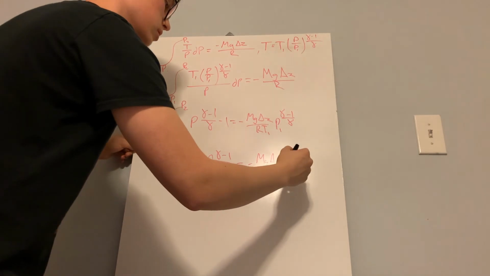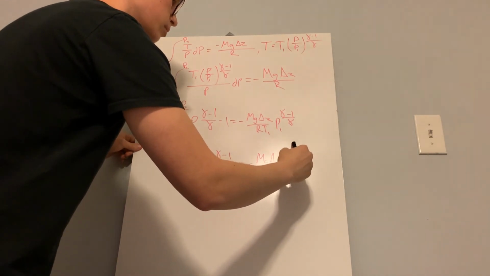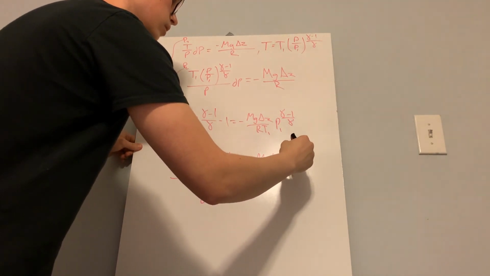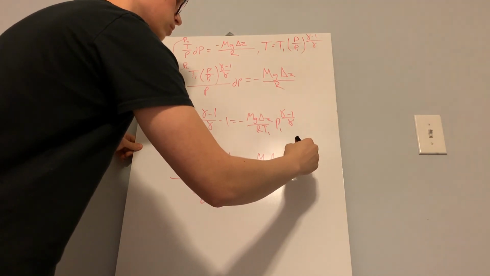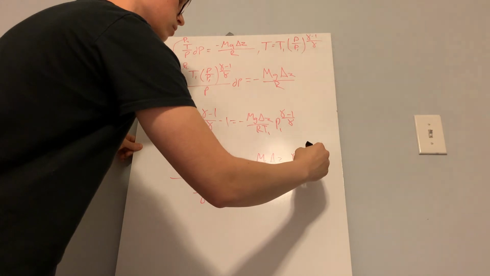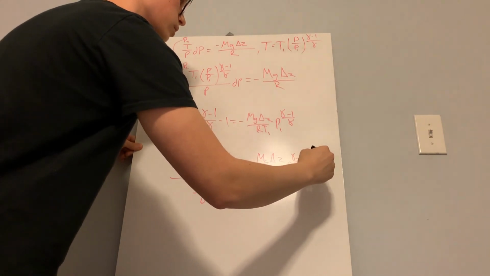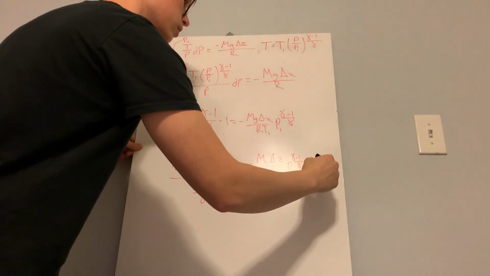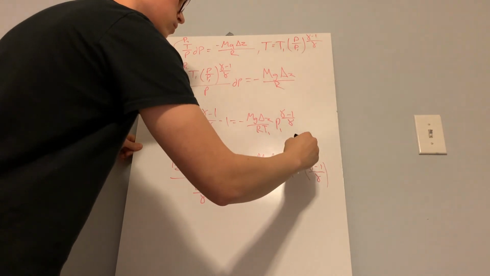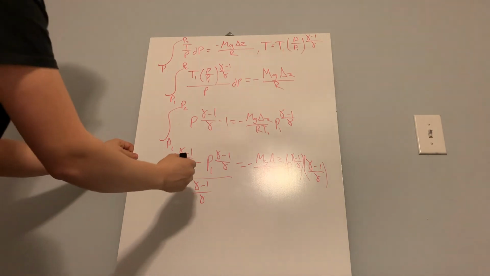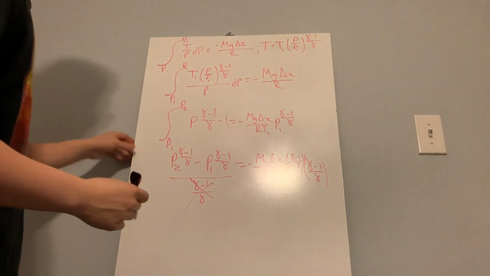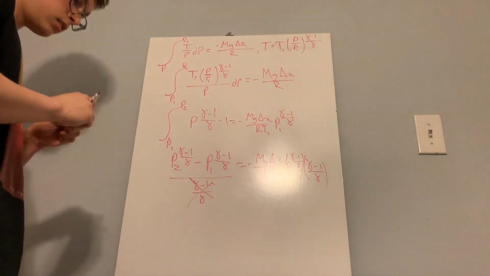So mg delta z over RT1 times P1, and then gamma minus 1 over gamma times gamma minus 1 over gamma. And that's canceled out from there.